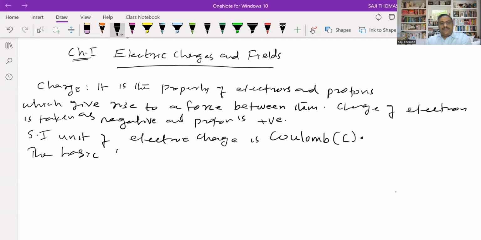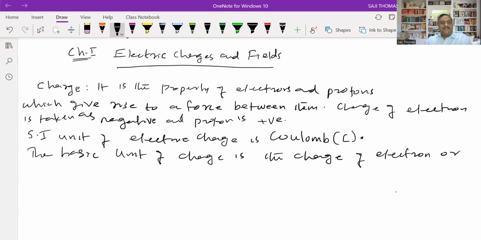It is given as e, plus or minus 1.6 into 10 raised to minus 19 coulomb.